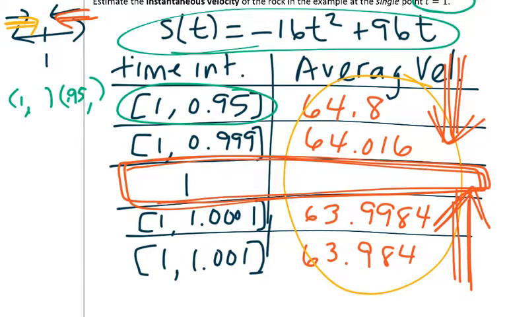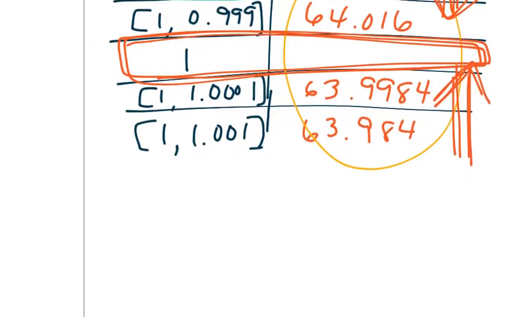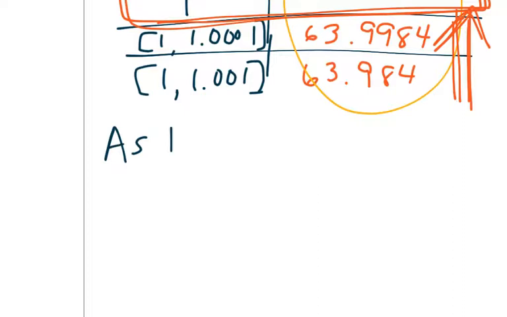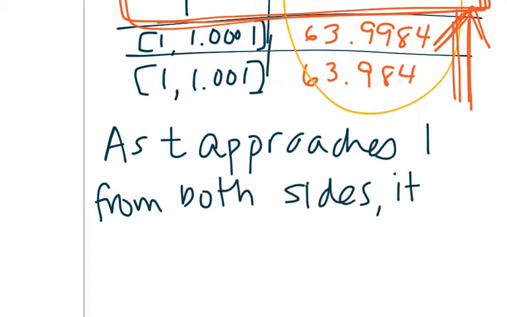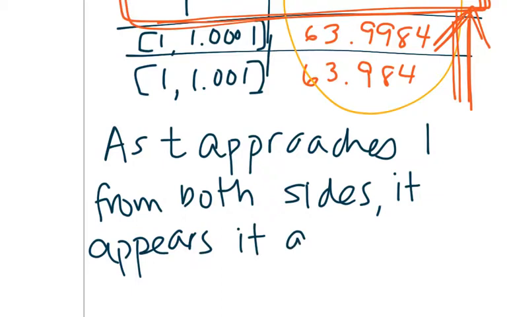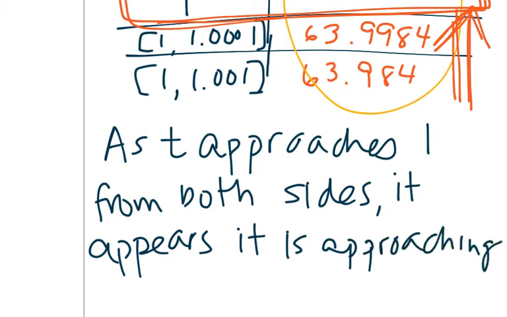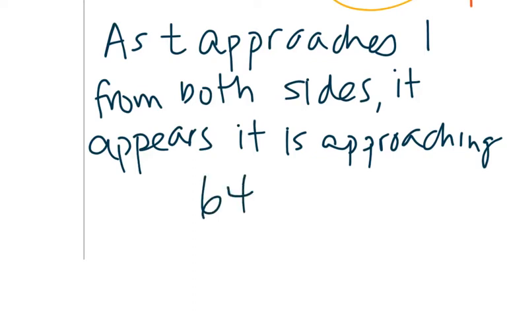And so, looking at this pattern, we can say as our answer that as t approaches 1, from both sides, it appears it is approaching 64, and we can say 64 feet per second.